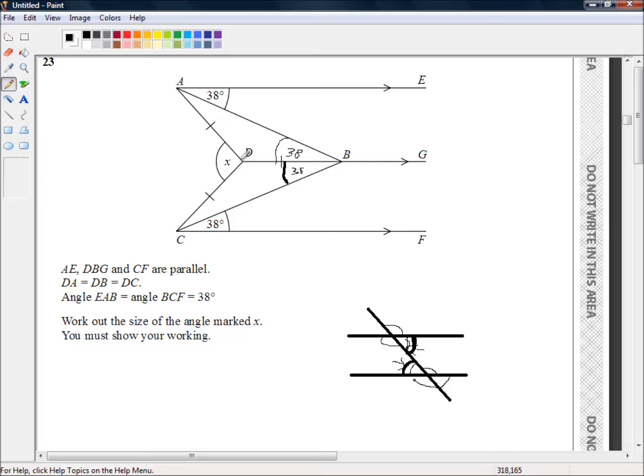What we also know though is that these lines here are equal in length. So if I make this nice and thick, and we'll say in red, what that means is we've got here an isosceles triangle. Now in an isosceles triangle, you've got one angle that we don't know, but one of the properties of the isosceles triangle is that the other two angles have to be the same.